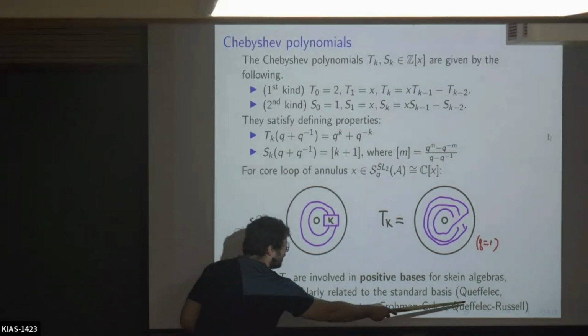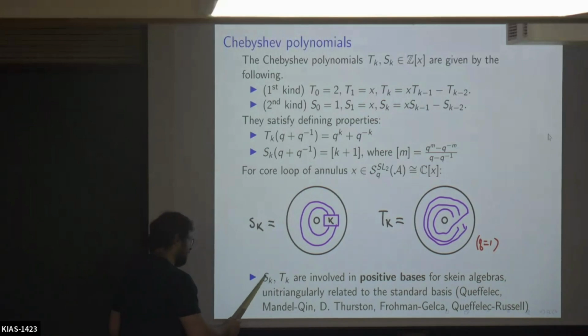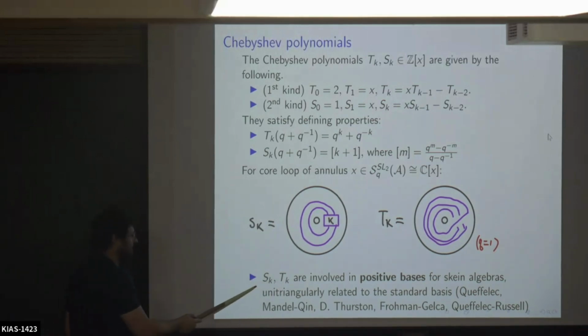Those have been studied and shown to be positive in many cases. The S's give you the bands basis and the T's give you the bracelets basis. Kepler showed that the bands basis is positive for all surfaces except for the torus, and Mandel and Qin showed that the bracelets basis is positive for all punctured surfaces.